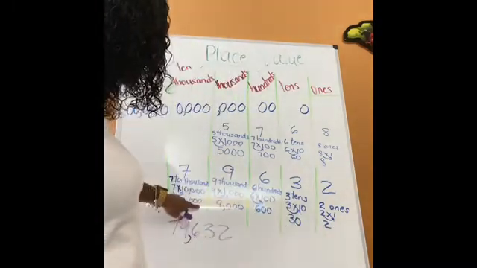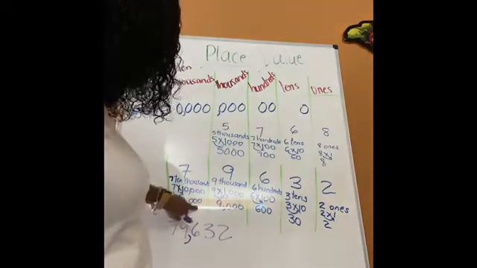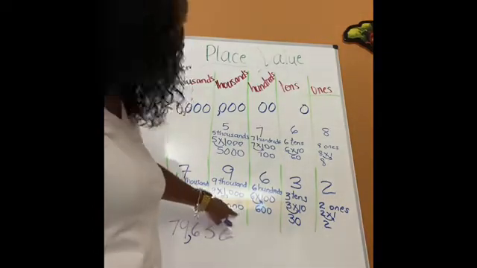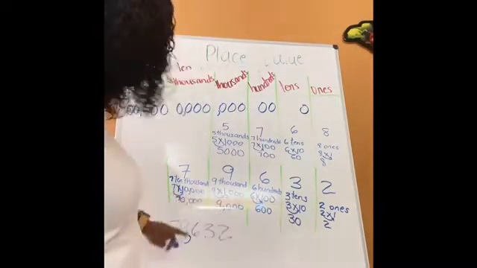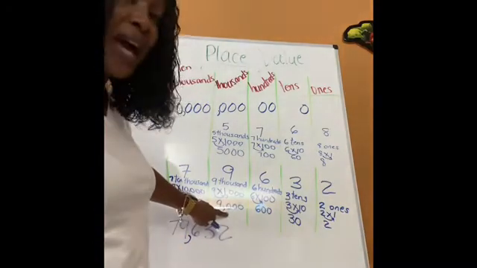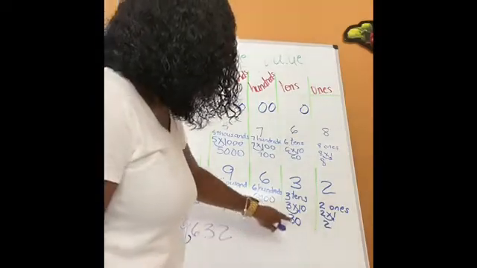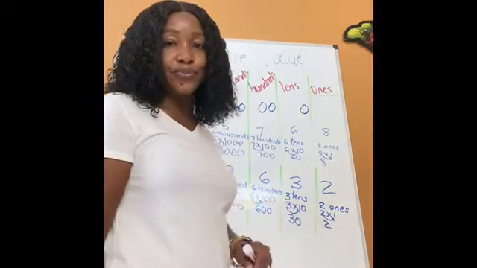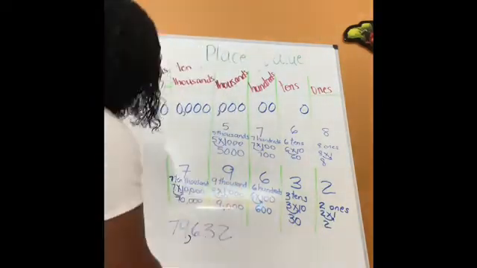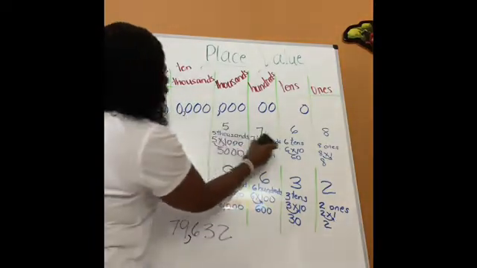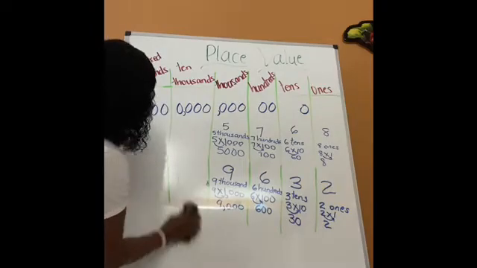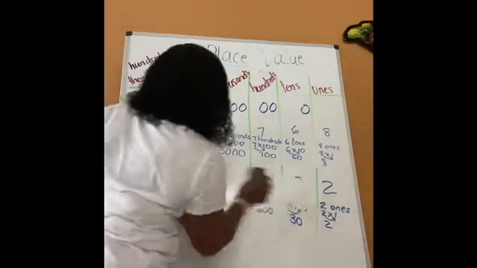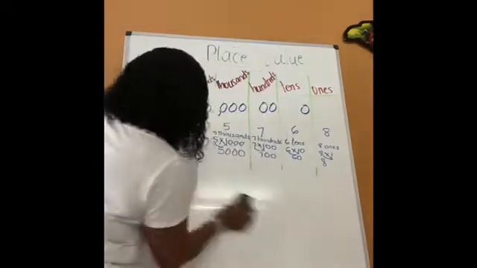So this is 70,000. This is 9,000. So 70,000 plus 9 more thousand, that's 79,632. Okay. I'm gonna leave this one so we can look back at it, but I don't have space for all of them. And we have to move on.